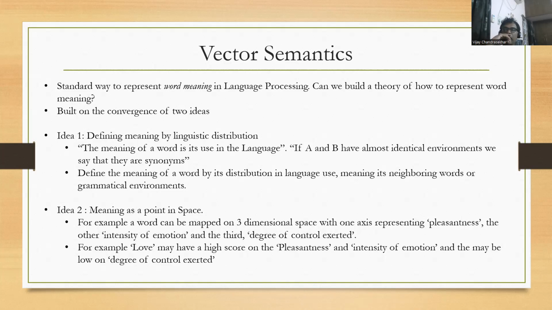So what happened over a period of time is two ideas converged. Idea number one is defining meaning by linguistic distribution. It sounds scary. Defining meaning by linguistic distribution.